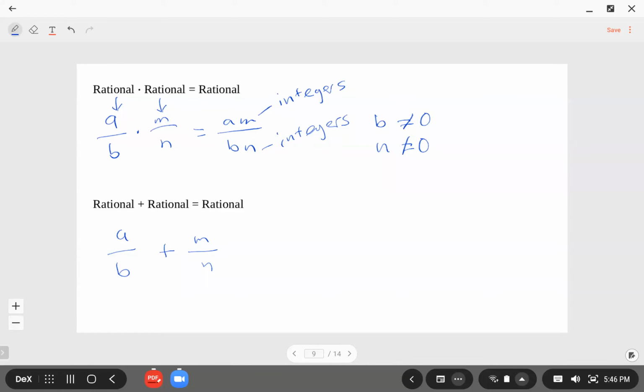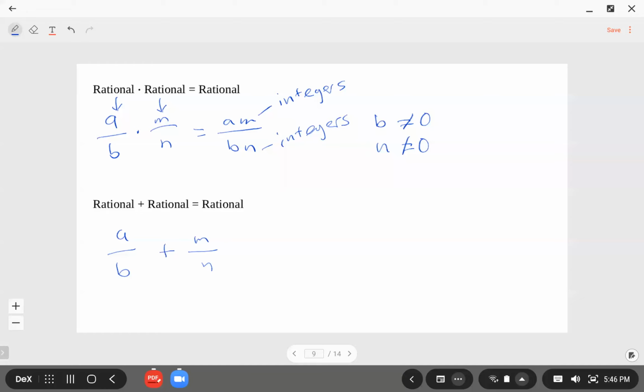Let's say a over b was 3 over 4 and m over n was 2 over 9. They don't have common denominators, so we can't just add them. In multiplication, you can just multiply straight across, but now we have to find a common denominator.